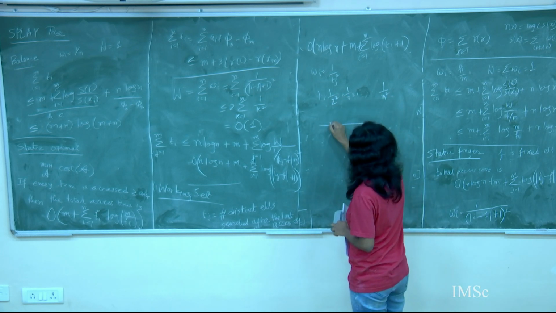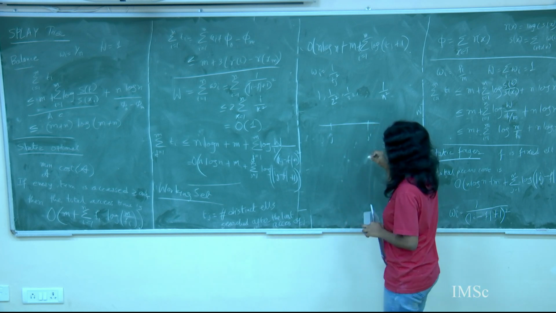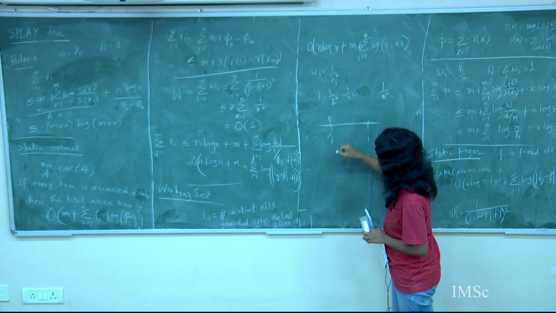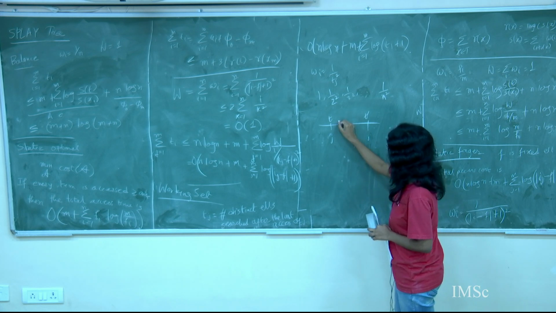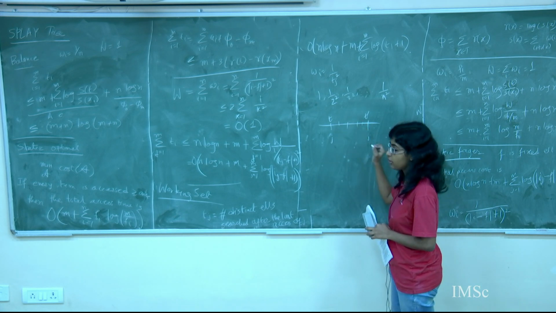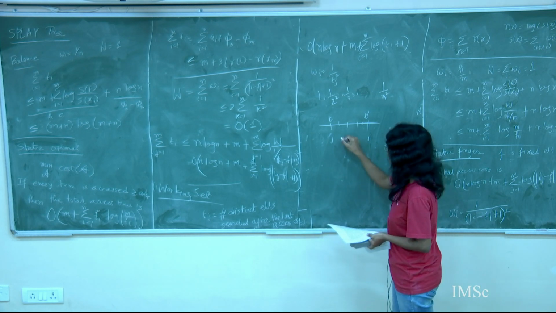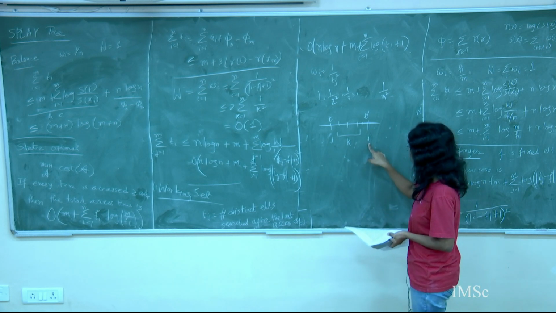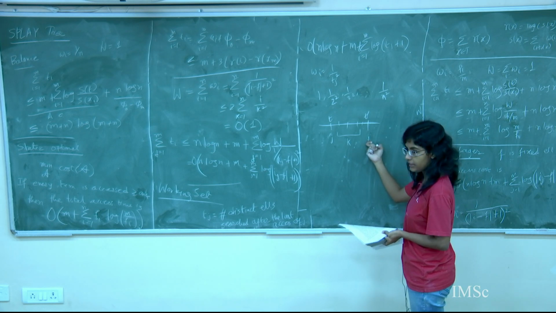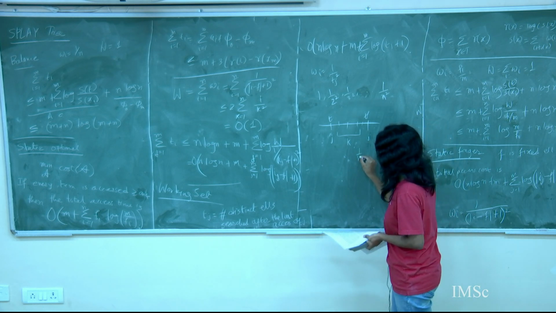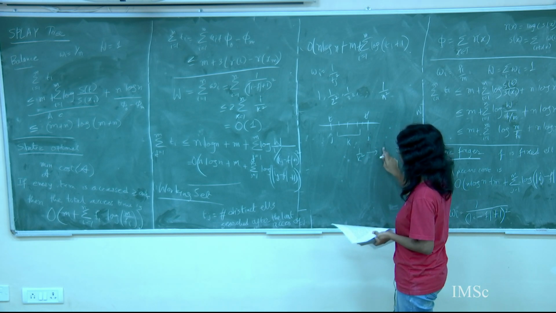Say at time t I have accessed j, and at time t prime I am accessing j again. In between, I have accessed a lot of elements, but the number of distinct elements that I have accessed is k, say. So at this point tj was 1 by k square, but now I access j again, so after that tj becomes 1, right?